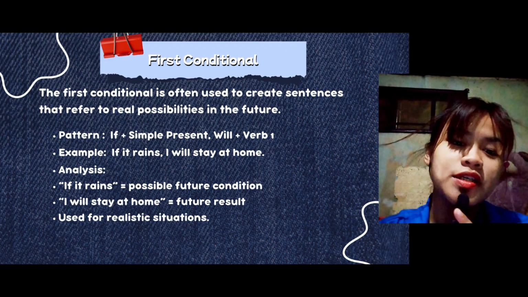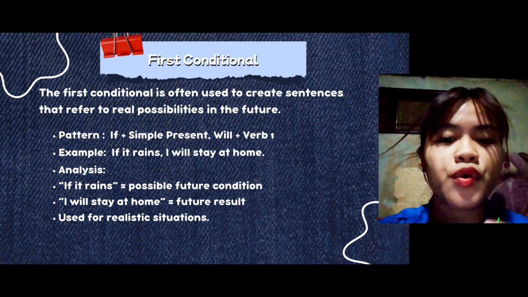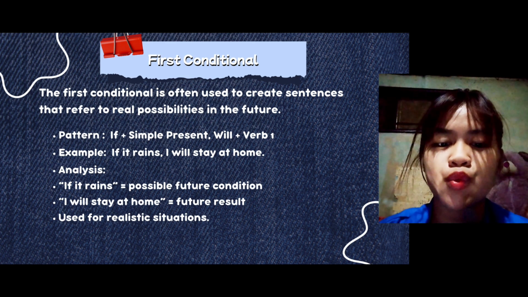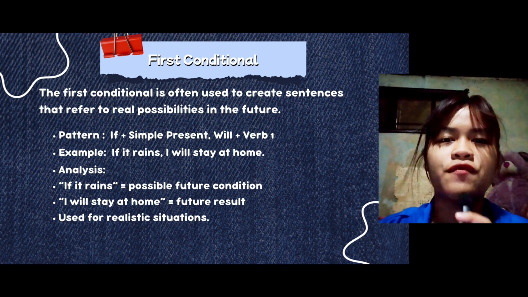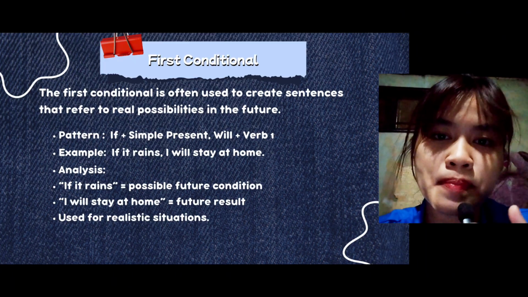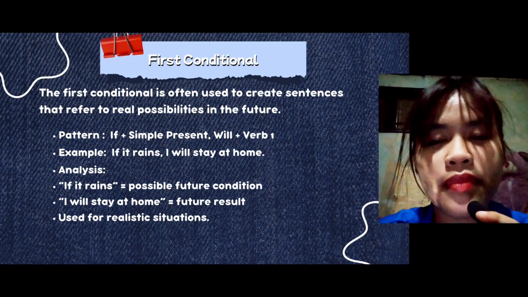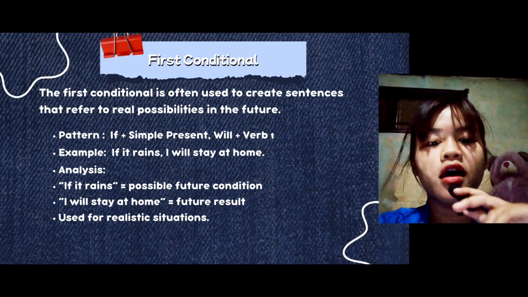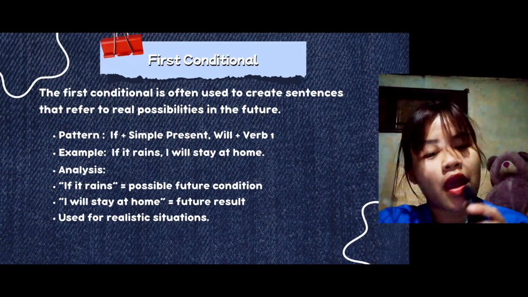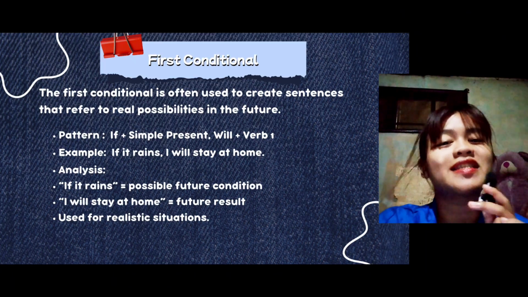Then we have first conditional. What is first conditional? First conditional is often used to create sentences that refer to a real possibility in the future. For the pattern, it's if plus simple present, will plus verb 1. Example: if it rains, I will stay at home.